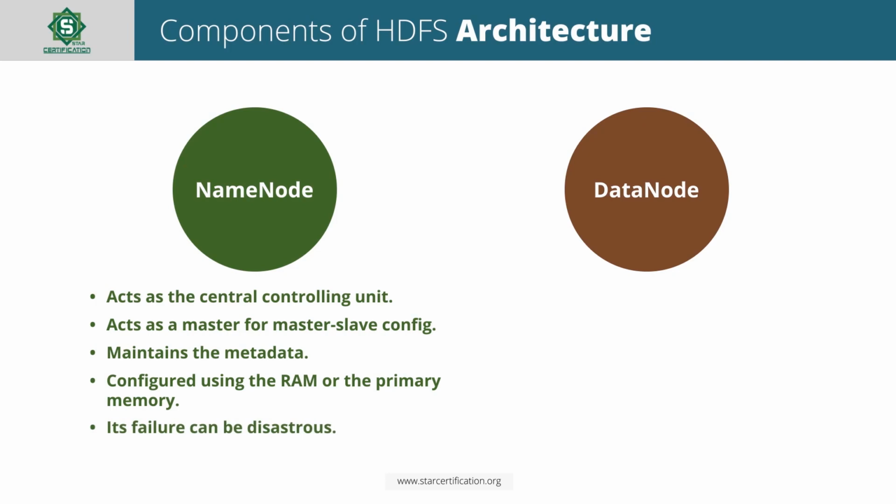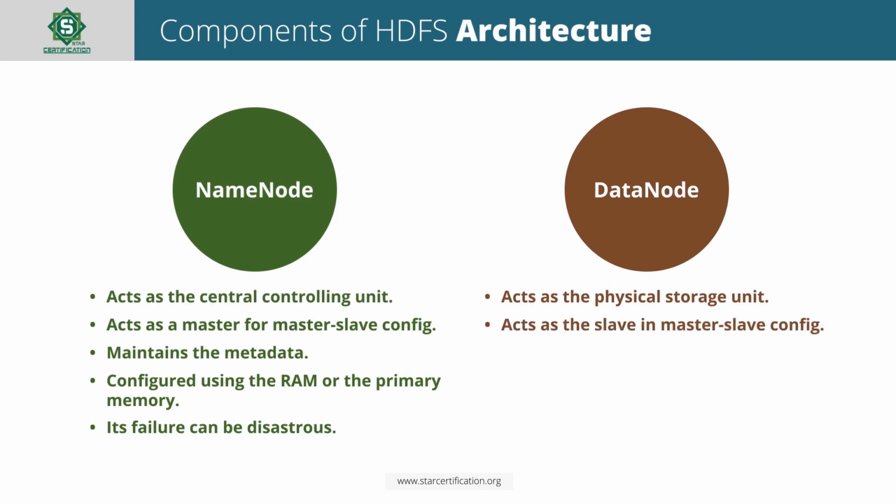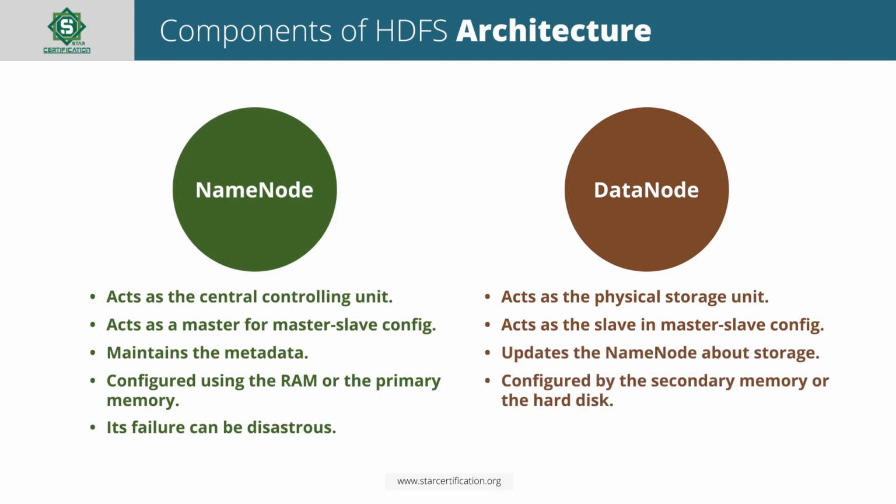Its failure can be disastrous. Data node acts as the physical storage unit, acts as the slave in master-slave configuration, updates the name node about storage, and is configured using the secondary memory or the hard disk. Its failure does not affect other nodes.